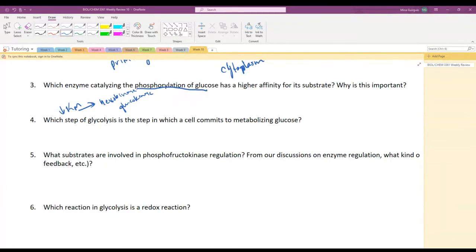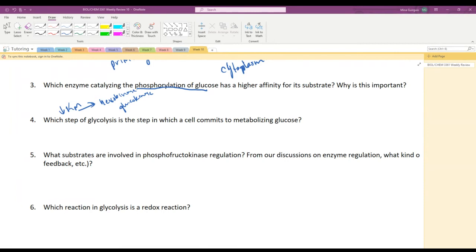Glucokinase has a lower affinity and higher Km for glucose. Because glucokinase is in the liver and is primarily there in order to facilitate glycogenesis, or the formation of glycogen, we don't want that to happen unless our glucose concentration is like crazy high.